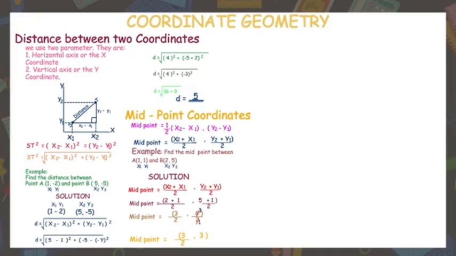So that is the formula for the midpoint coordinate and how to solve problems on it. It looks like a graphical solution where we have x coordinate and y coordinate.